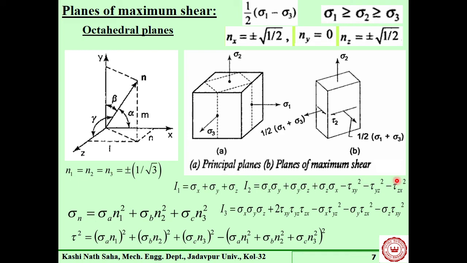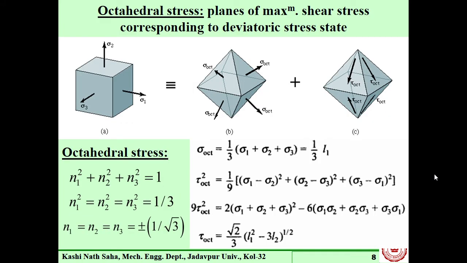So what are these planes? Let us take a visualization of that. Okay. So here, this is the orientation along 1, 2 and 3 direction, and here we are constructing some normals which are equally inclined to these coordinate axes, right?